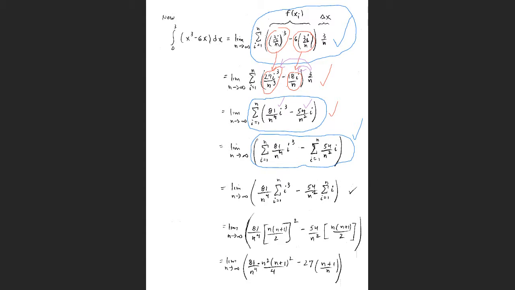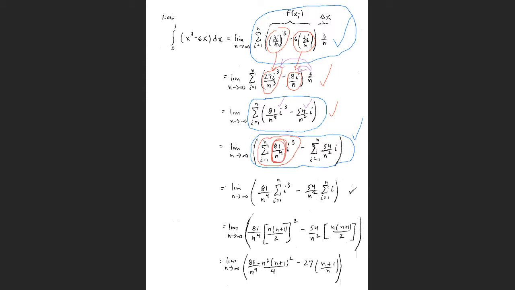Okay, well, now for the first sum here, the sum goes from i equals 1 to n, and the 81 over n to the fourth, in regards to the sum, we can treat 81 over n to the fourth as what?